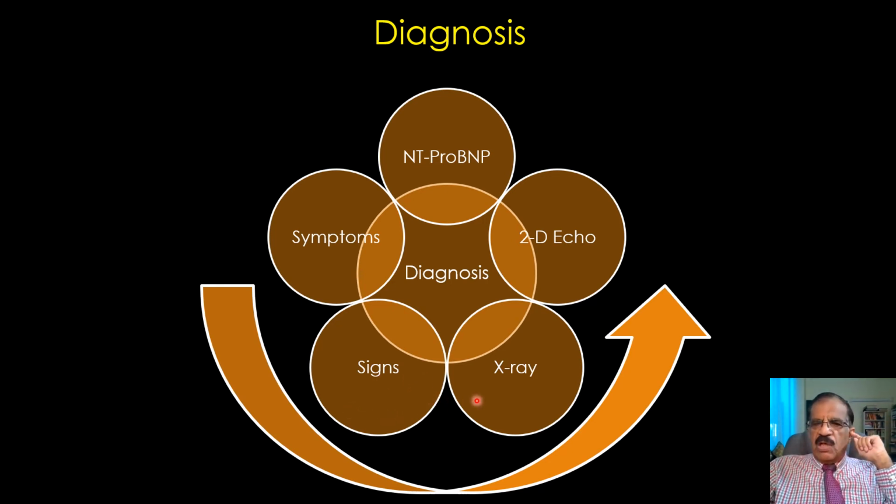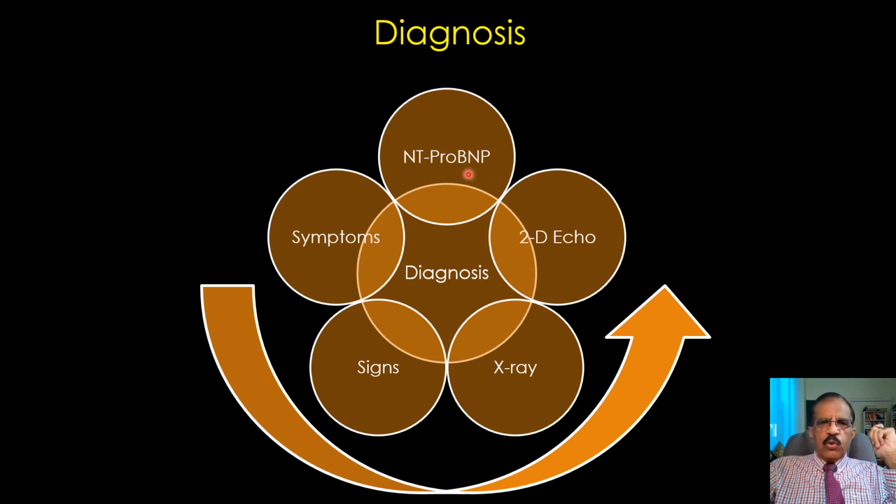And then traditionally, the first investigation of choice is X-ray, and X-ray is readily available and still a very useful test. Although 2D echo or M-mode echo, or simply echocardiography, has replaced many other tests because it gives you very detailed information. In some cases, where echo does not show classical changes or echo is not available, then NT-proBNP may be used.